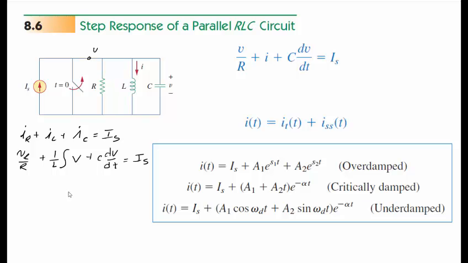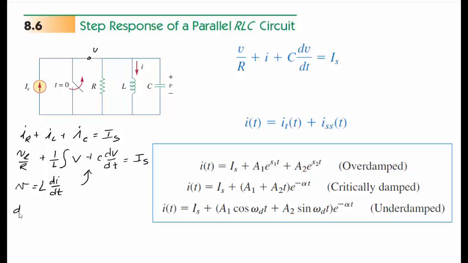So what you end up doing is that you recognize from this equation that V equals L di dt, and I substitute it back up into our original KCL equation. So I substitute L di dt for V here, and so integral of the derivative is just going to be the I, and derivative twice will occur here.